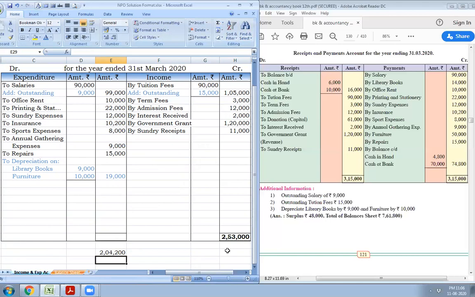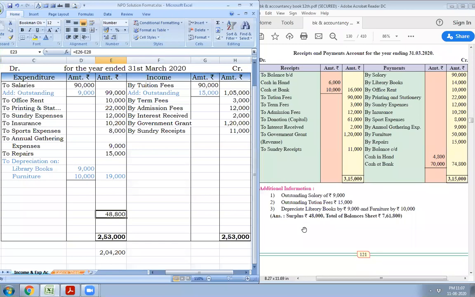So there is credit balance of income and expenditure account. So there is surplus, and the surplus is rupees 48,800.